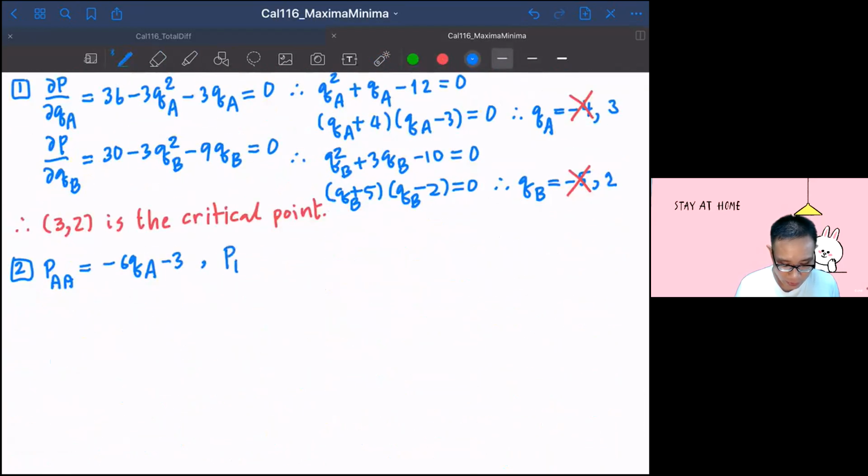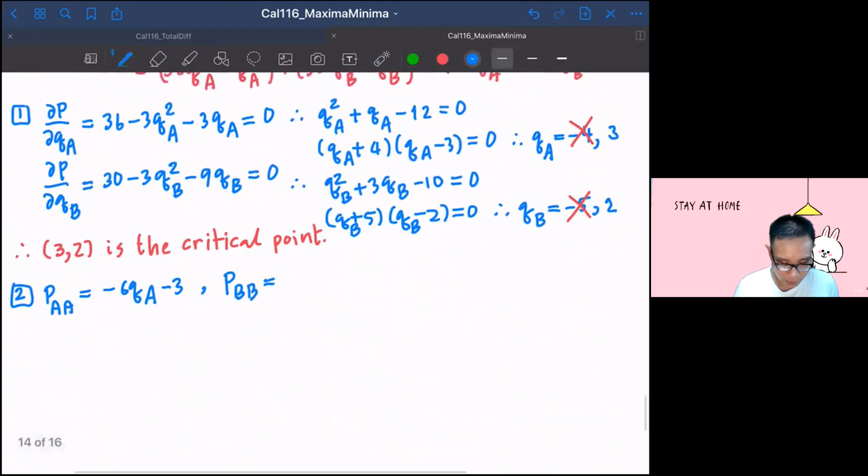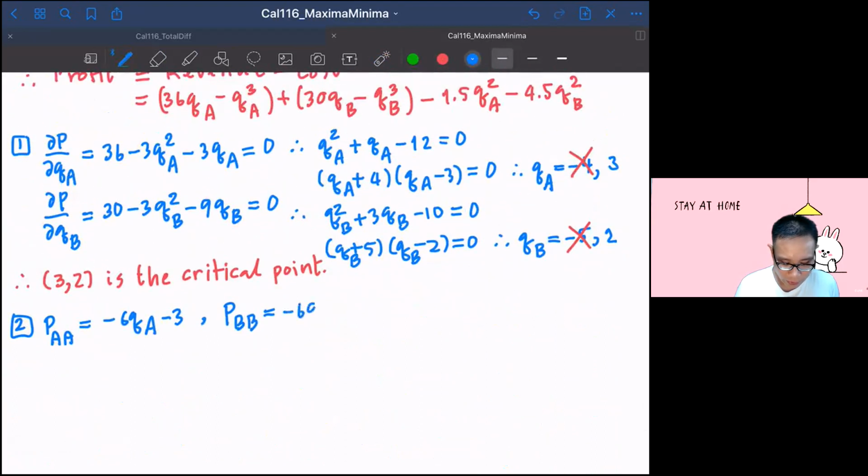And PBB is going to be negative 6 QB minus 9.